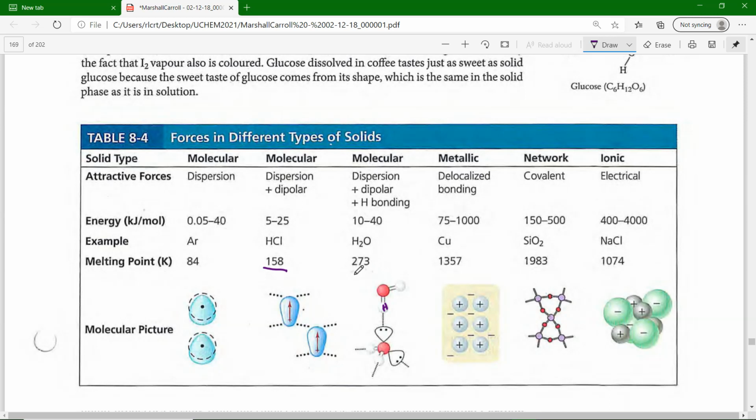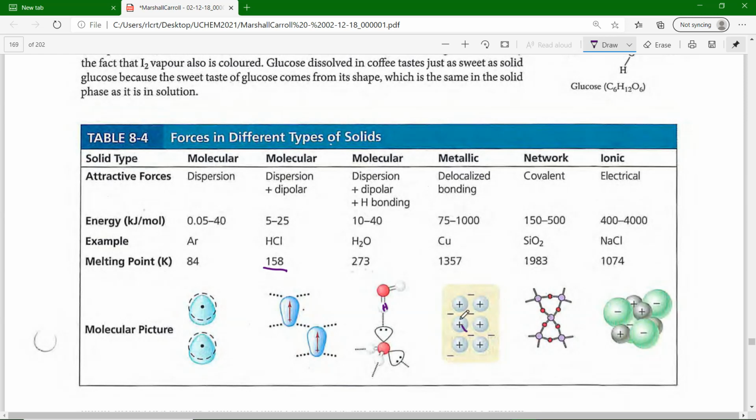So the melting point of water is 273 Kelvin or 0 degrees Celsius. So you see hydrogen bonding there. But water is still a molecular solid. You've got molecules held together to other molecules through intermolecular forces. Now, if I look at a chunk of metal like copper, Cu, then we have what we call the electron sea.